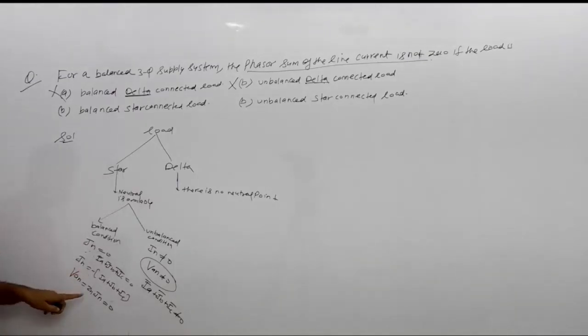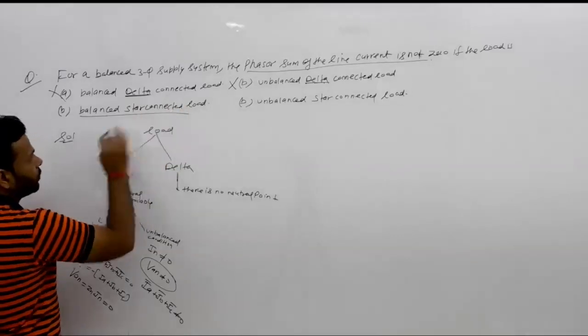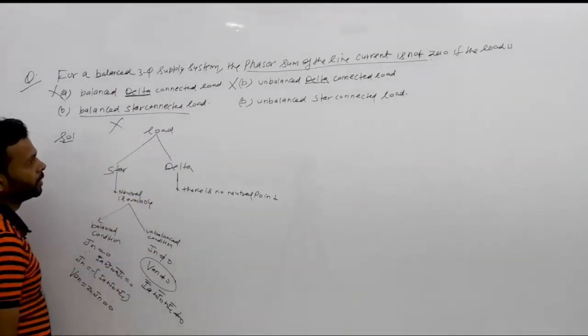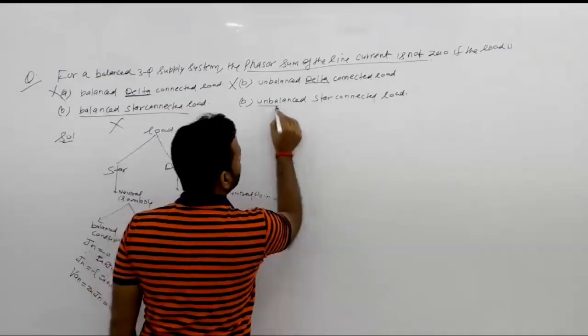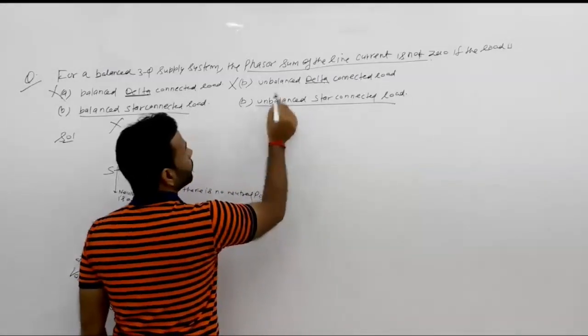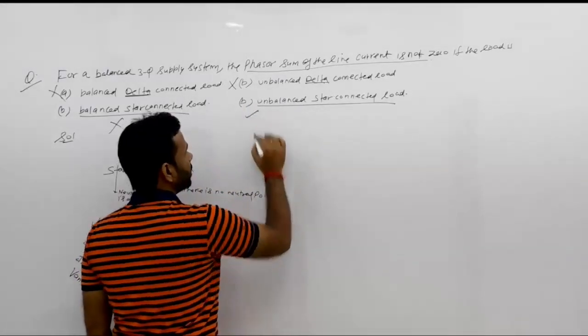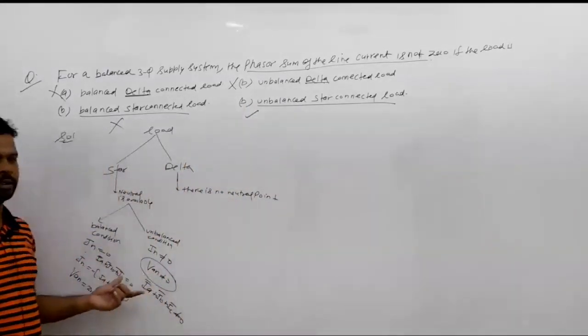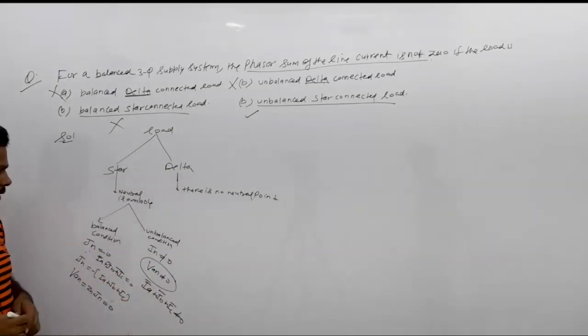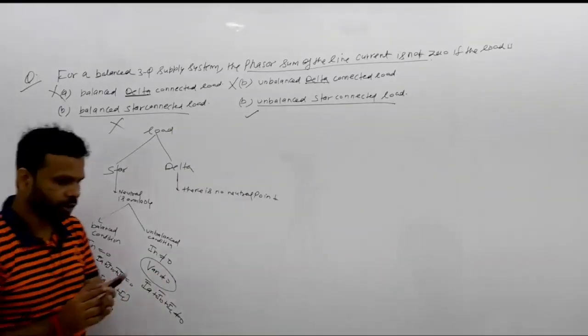If your neutral current is zero, this implies that the phasor sum of all the current is zero. So which option should you opt? It is balanced. Yeah? So for balanced, the phasor sum should be zero. That is wrong. So for unbalanced load, your phasor sum of line current is not zero. That means there is neutral current in the path.